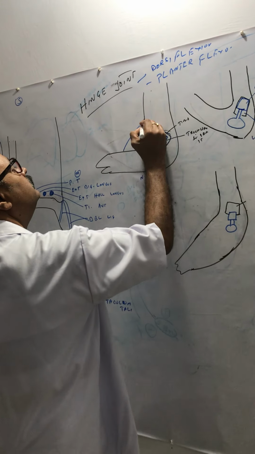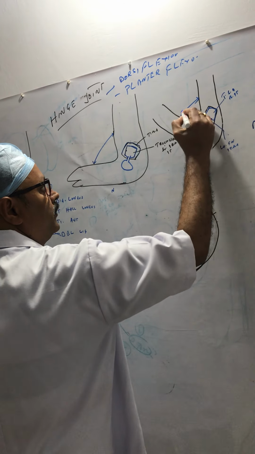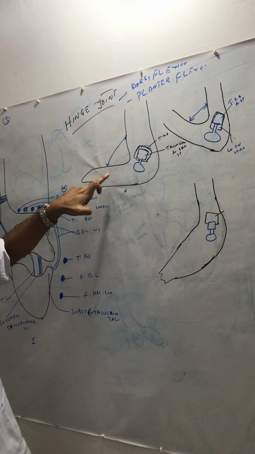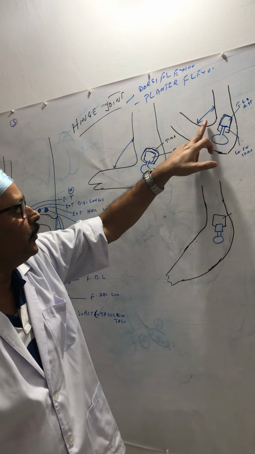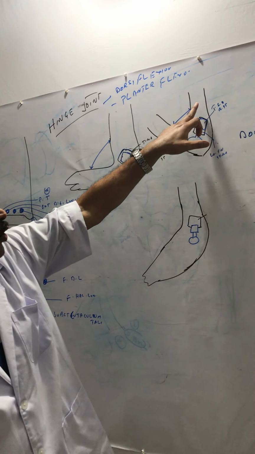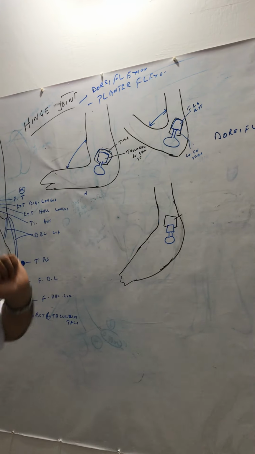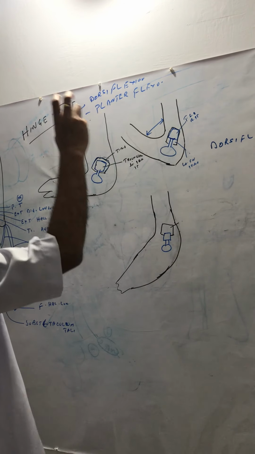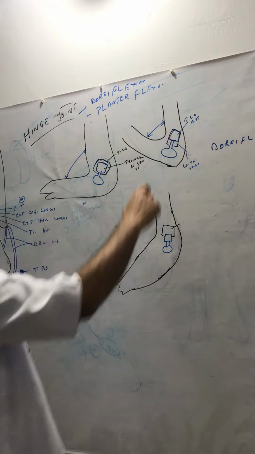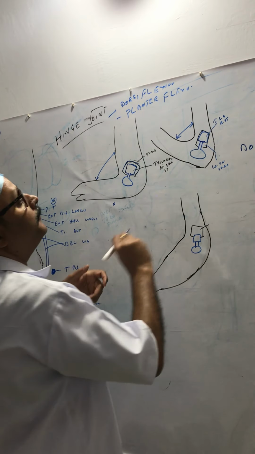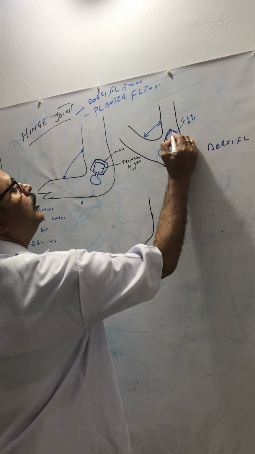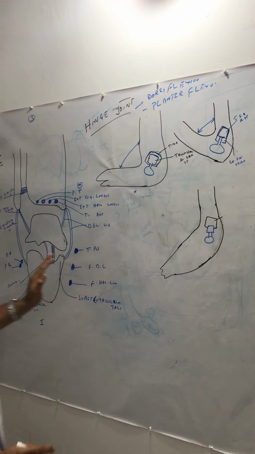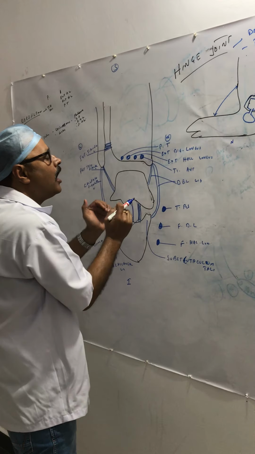You see the angle over here? If you measure it, the angle between the lower part of the leg and the foot is much less in dorsiflexion. So in dorsiflexion, the angle between the lower part of the leg and the foot diminishes, and the trochlear surface of the talus becomes more in contact with the lower end of the tibia.